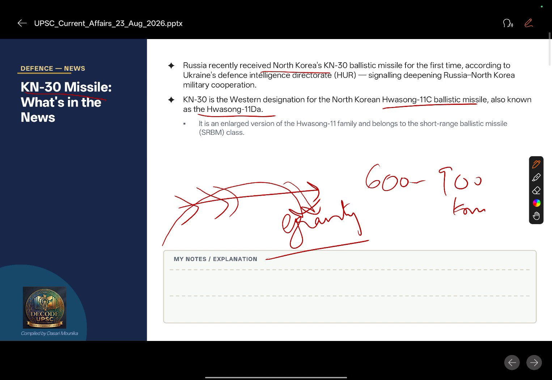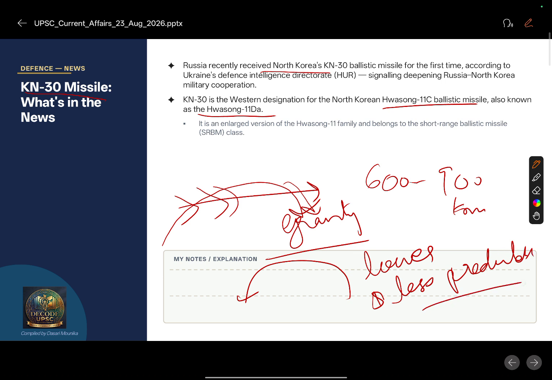Normally we imagine a ballistic missile going very high in a predictable curve. But a quasi ballistic trajectory is different and can make interception more challenging, because the missile follows a lower and less predictable flight profile.